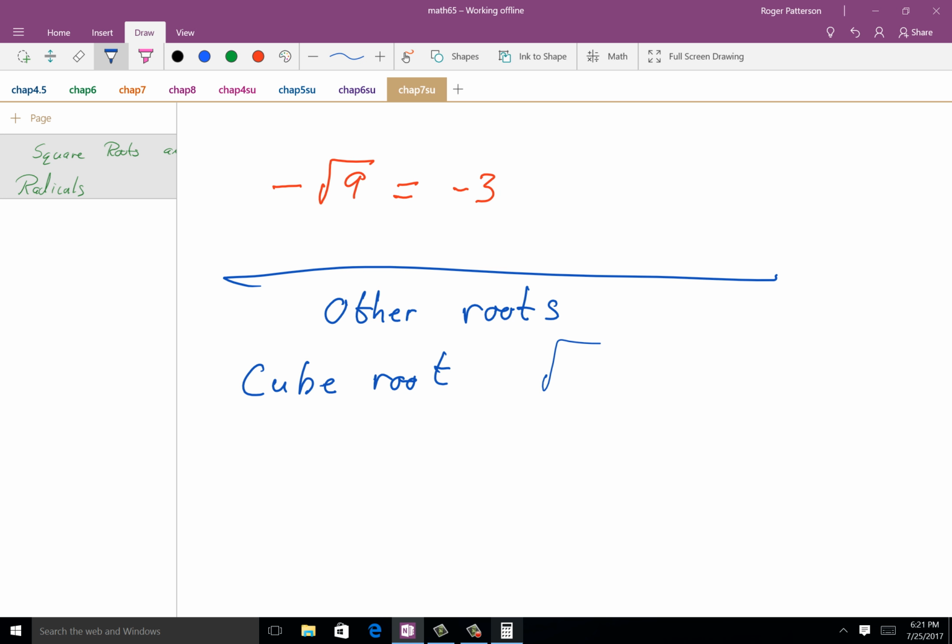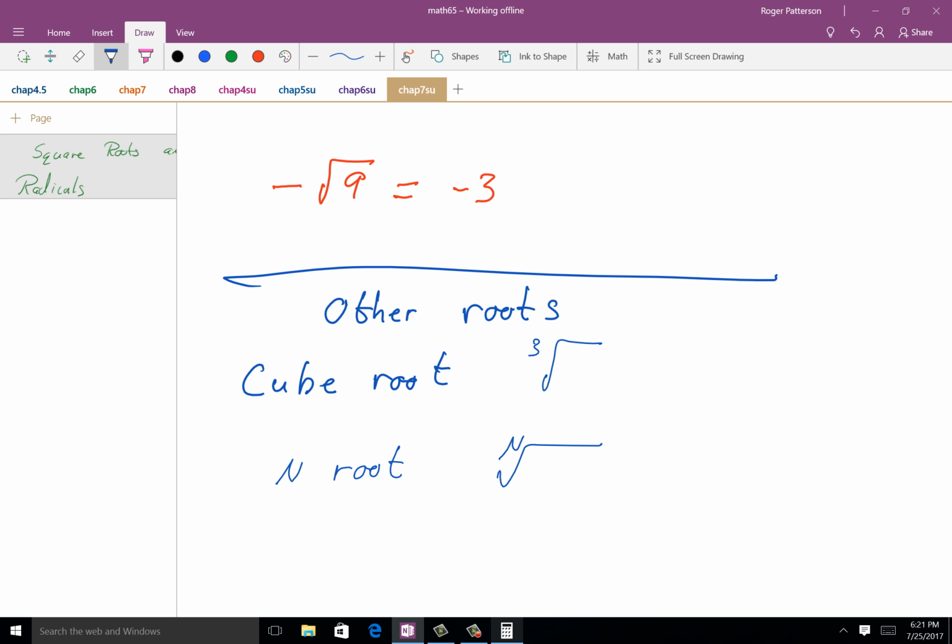Okay, symbolized by this. All right, and there are the other ones. There's lots of different roots. There's fourth roots and fifth roots and sixth roots. Okay, I'm just going to put an n root symbolized by this.